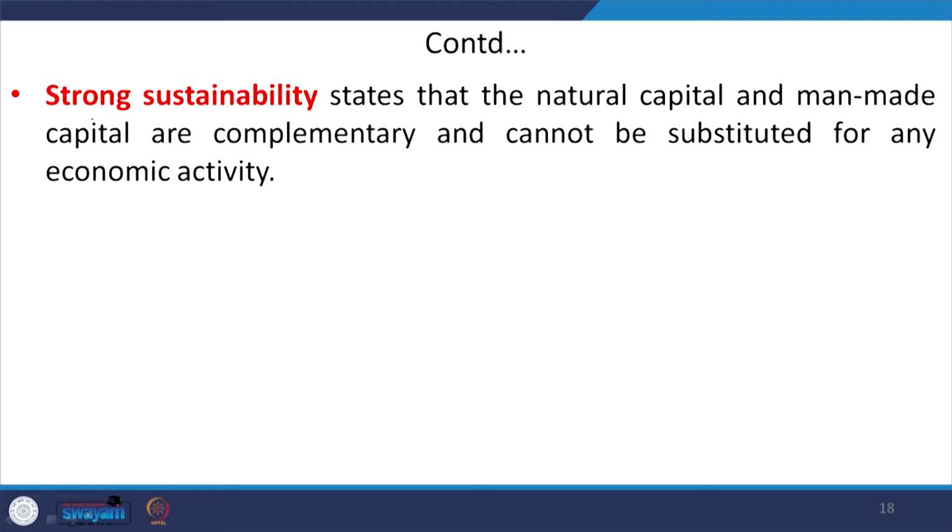And so far as strong sustainability is concerned, here we assume that natural capital and man-made capital are complementary, not substitutes of each other.